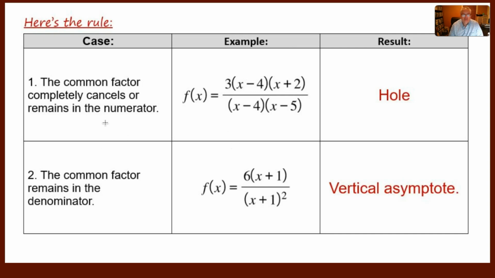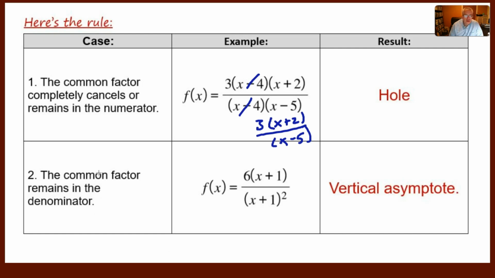So here's a rule to tell when we're going to have a hole or not. If the common factor completely cancels or remains in the numerator, then there's a hole. So here we see these completely cancel, and this is a case where there's going to be a hole in the graph. Everywhere except at 4, this is going to be equal to 3 times x plus 2 over x minus 5.